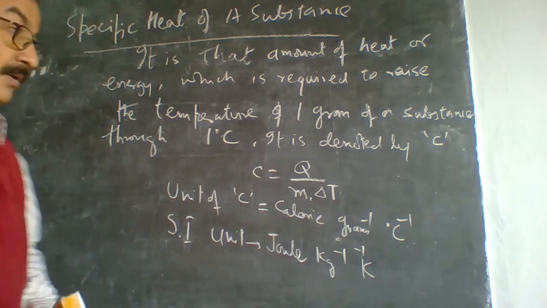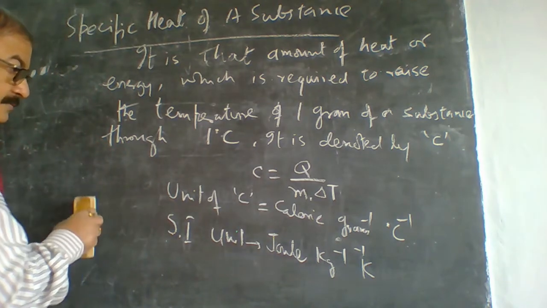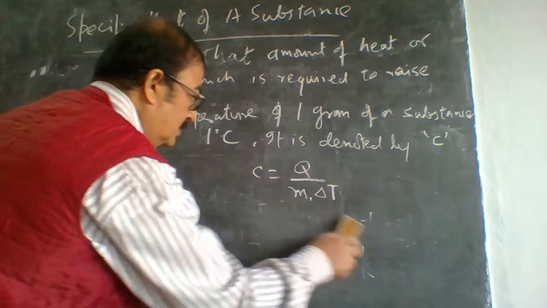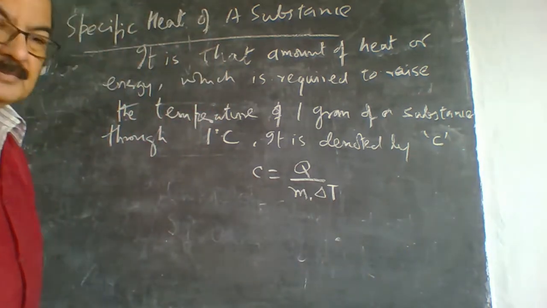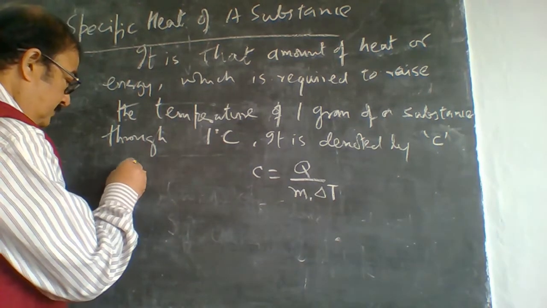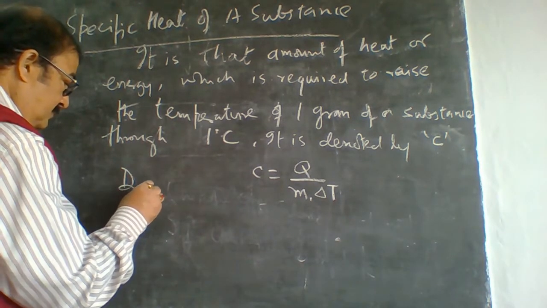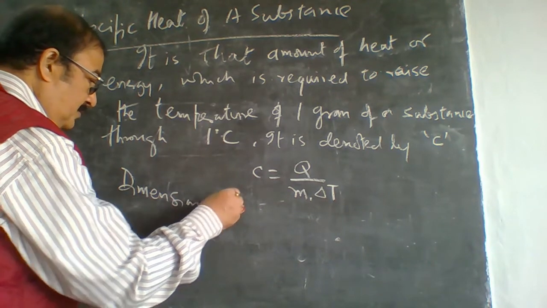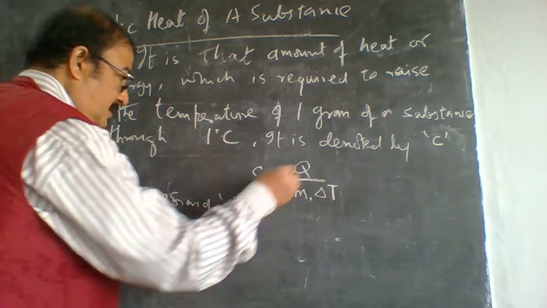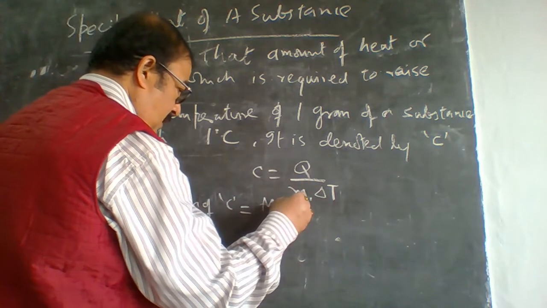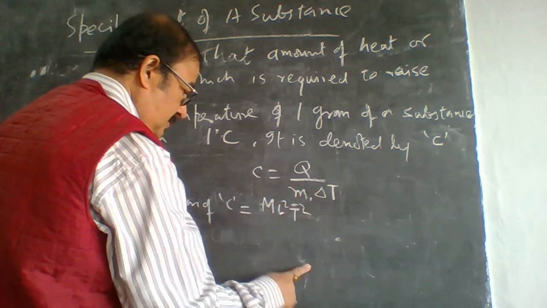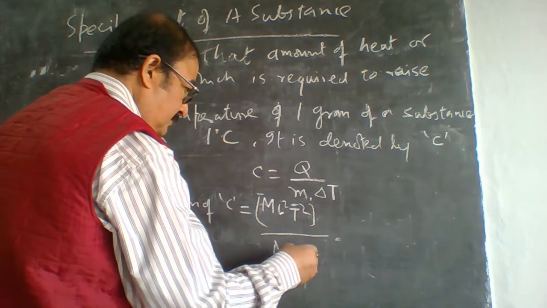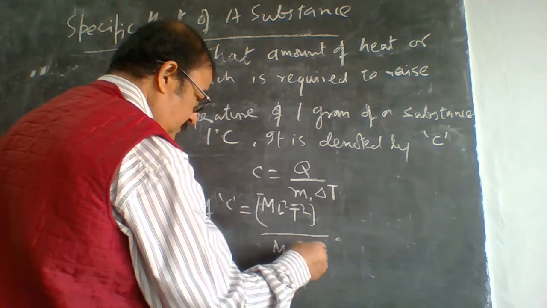Or let us have its dimension. Dimension of c equal to, this is your ML square T minus 2, and this is just M, this is your theta.